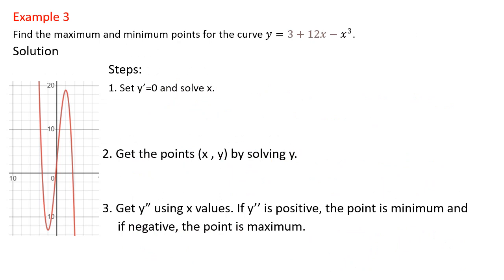So we'll take up the next maximum and minimum points problem. The curve is y equals 3 plus 12x minus x cubed. So this one is the curve, y equals f of x. So y prime equals 12 minus 3x squared.